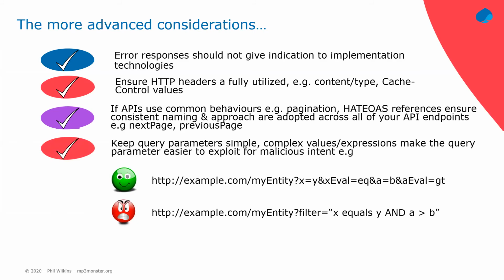In this example, whilst the top is perhaps a little bit harder to read, it doesn't take too much effort to realize it's saying exactly the same thing as the one at the bottom. The difference is at the top, I can be very strict in my validation of the expression. So I can say, right, X must be a value, and then I'm going to pass the X val, and it must be equals or greater than.